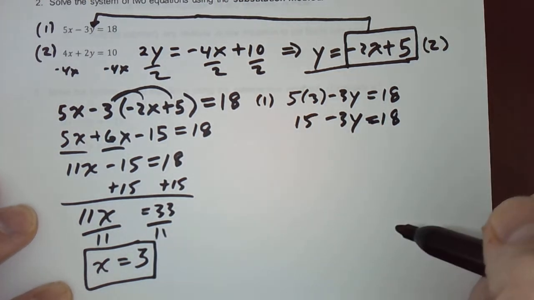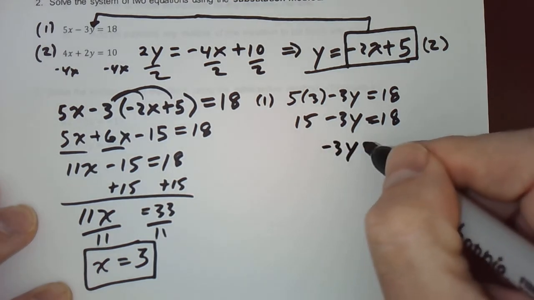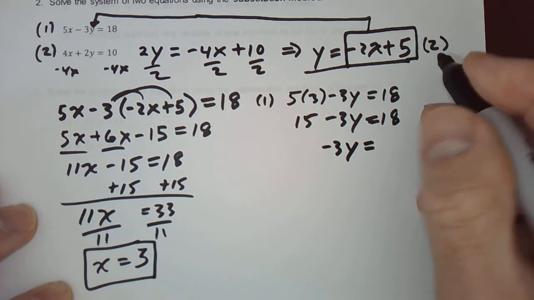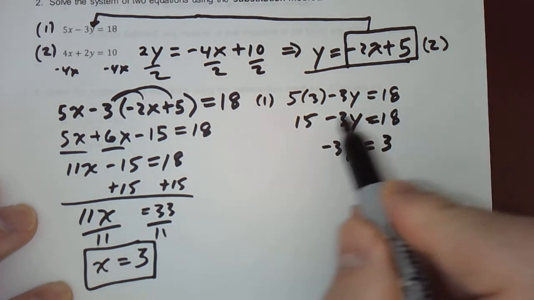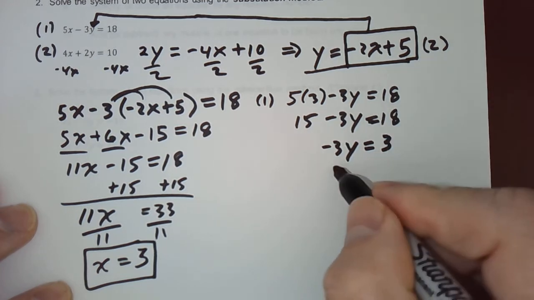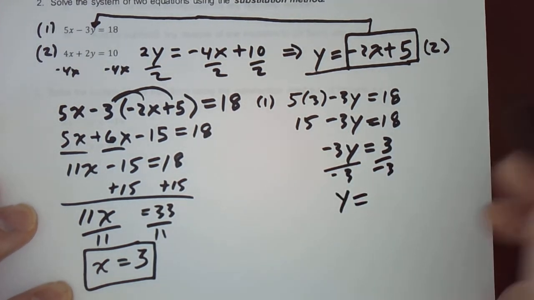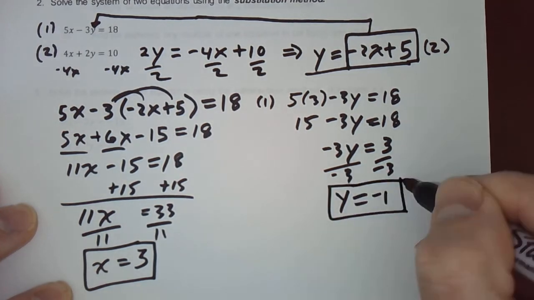And I'm going to subtract 15 from both sides, leaving us with negative 3y on the left and 18 minus 15 on the right. That's a 3. So I just subtracted 15 from both sides. Divide both sides by negative 3, and we get y equals 3 over negative 3, which is negative 1.